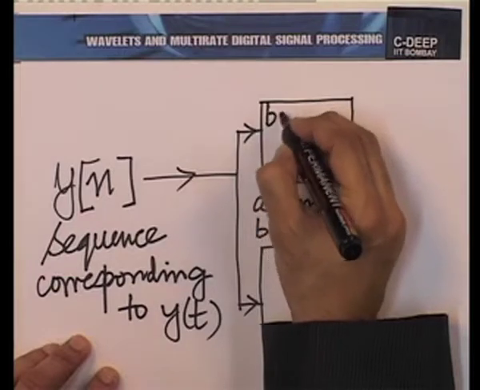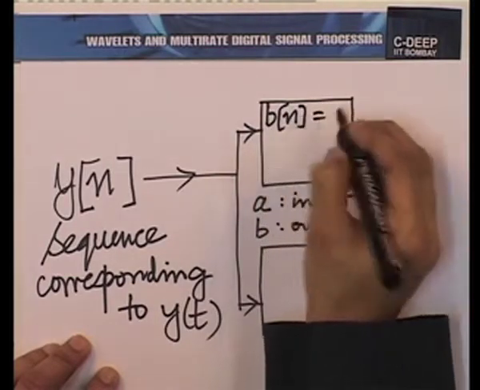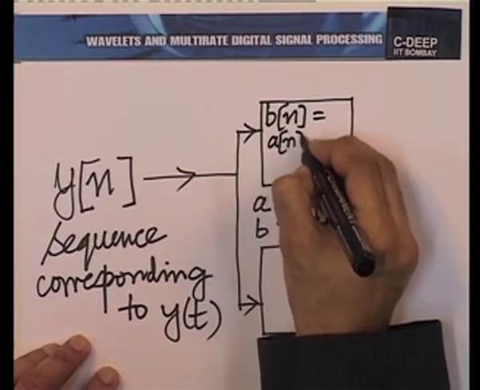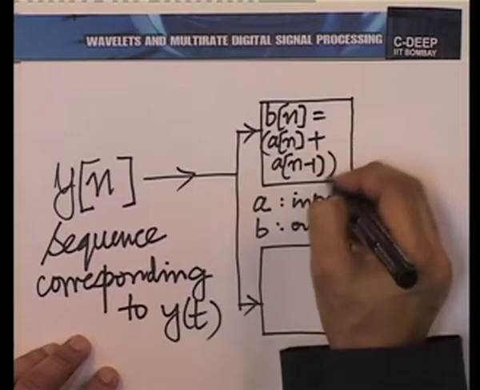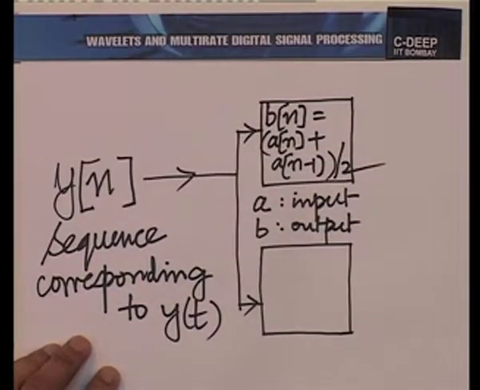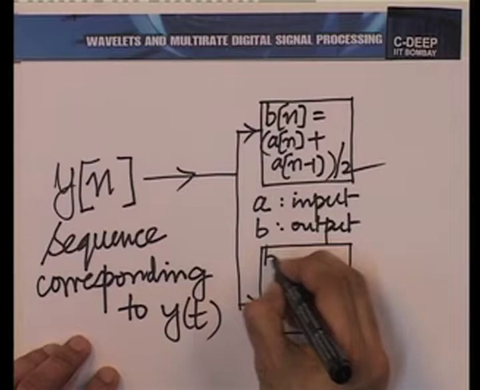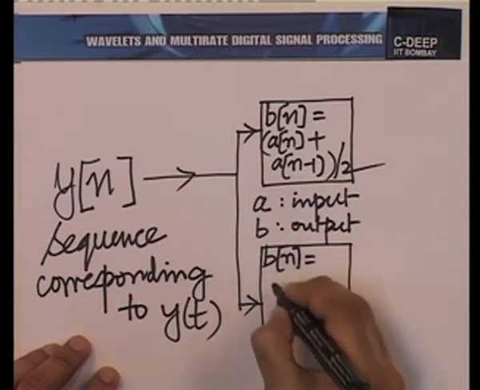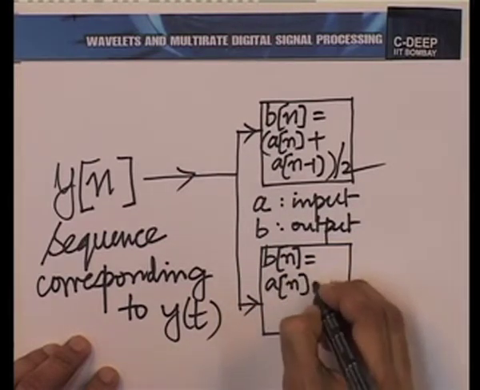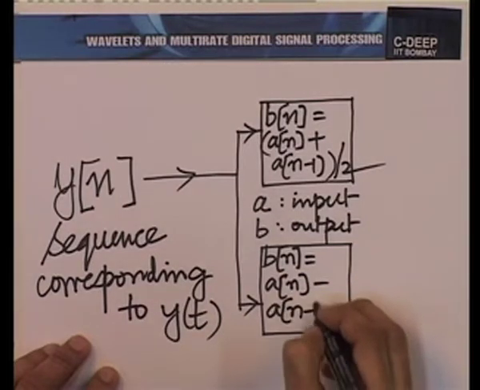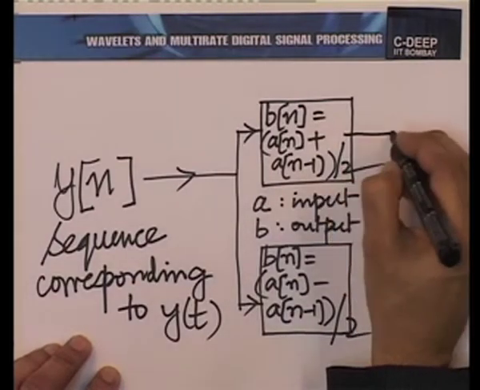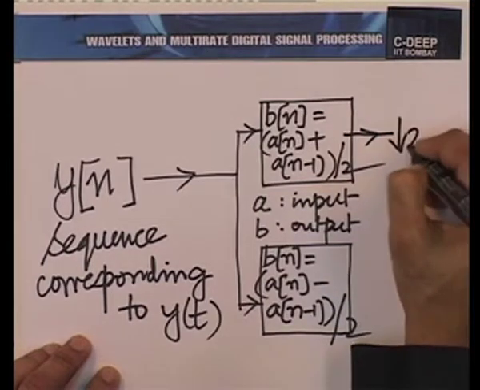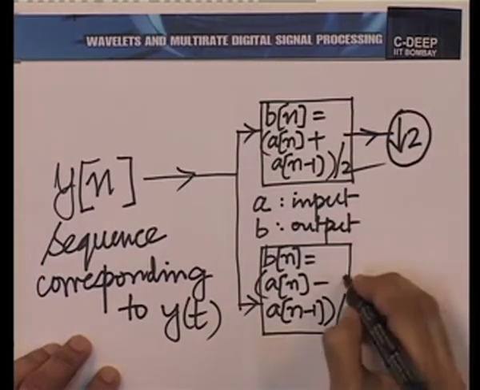So, I have Bn is An plus An minus 1 by 2, and here I have Bn is An minus An minus 1 by 2. And then I have a decimation operation, as I talked about yesterday, a down arrow followed by 2.